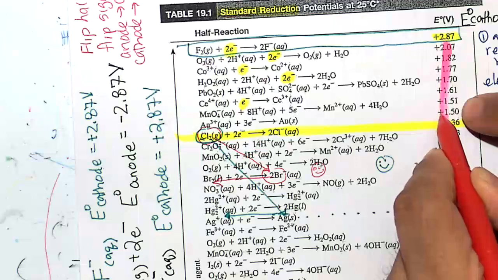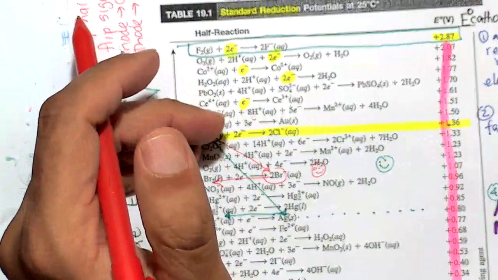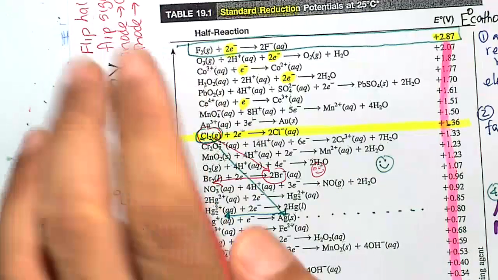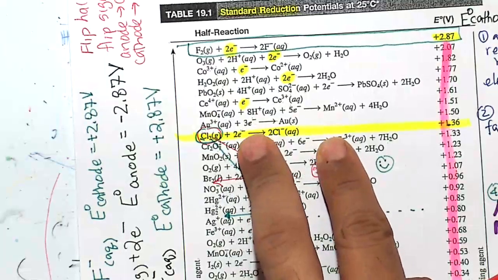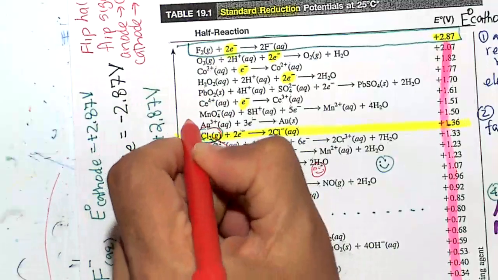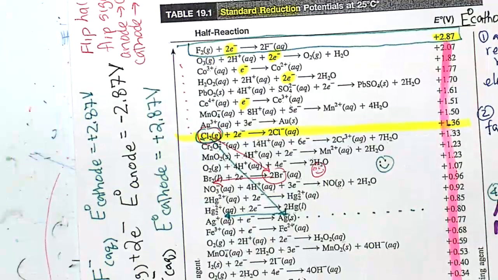Is this positive or negative when you add them up, cathode and anode? It's negative. So it cannot flip the one above it. Then how do you get a positive voltage? The one you choose, you flip that, and the one above stays the same. That's the second way you can get a positive voltage.